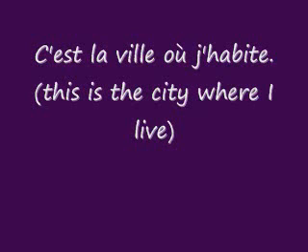So c'est la ville où j'habite. And you have the antécédent ville here, which simply evokes the notion of place, the city. And you will use où, where, just as you will do in English. This is the city where I live. Now let's see how to use où in a different context.